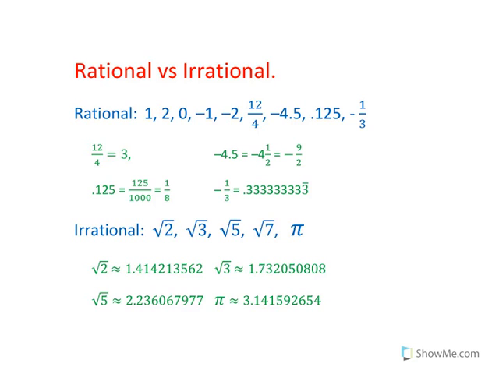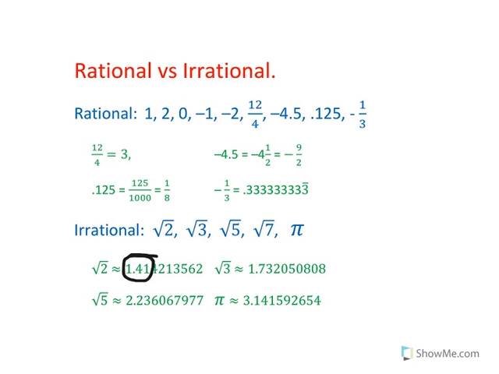However, irrational numbers, if you were to write a decimal form, it would not be one that terminates, and it would not be one that repeats. It goes on forever with no pattern. So the square root of 2, and that's why I write approximately equal, 1.4142135. So what we really call it, when we look at the square root of 2, we call it 1.414, or 1.4, and that's an abbreviation.